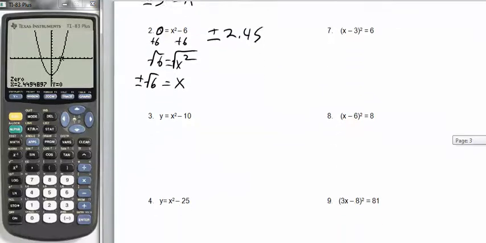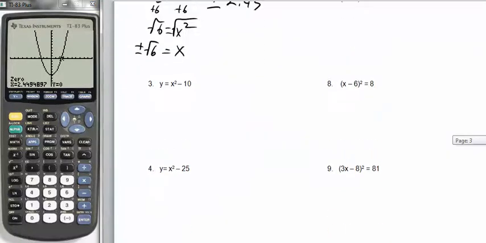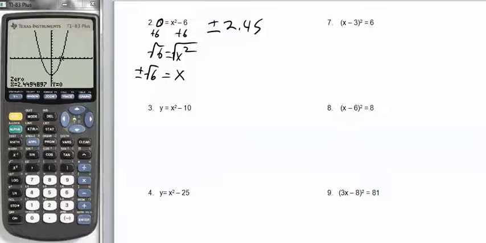Alright, so let's go down. I'm going to work one more of this type and leave 2 for you to work. So we would do plus 10 and plus 10, remember we make that into a 0.